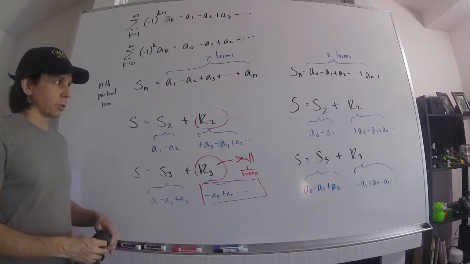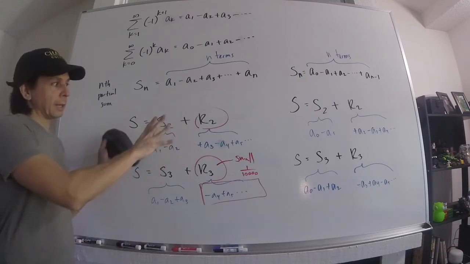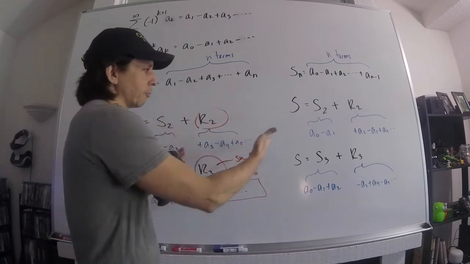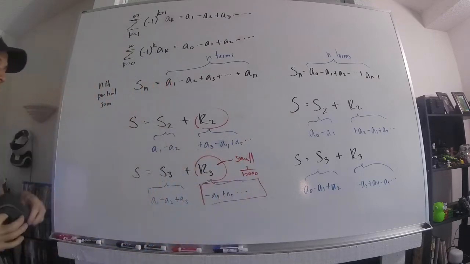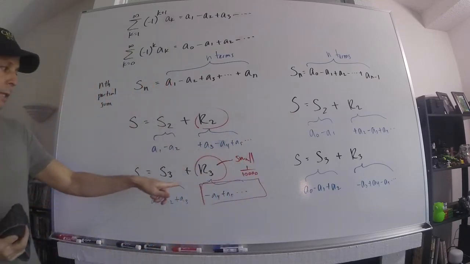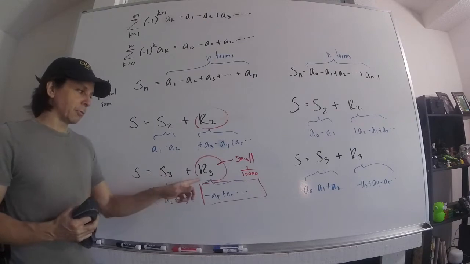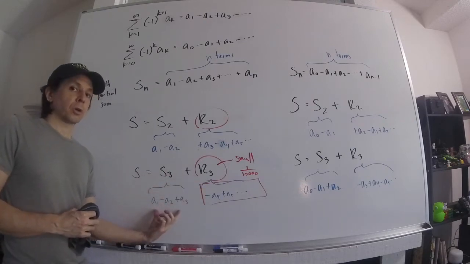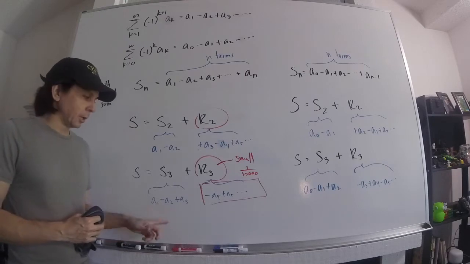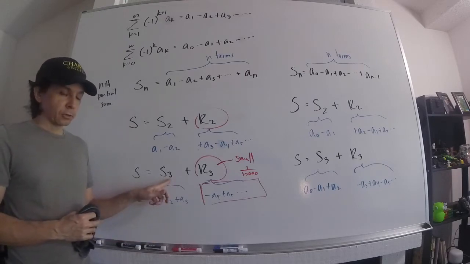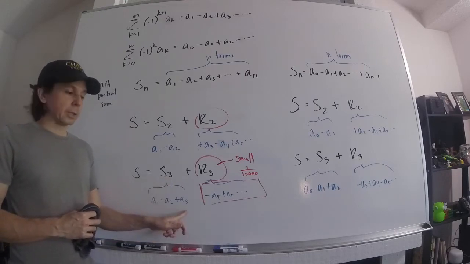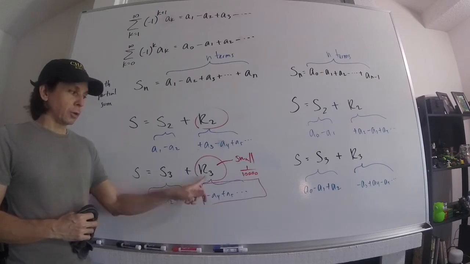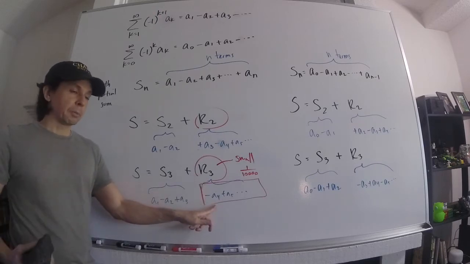The main thing is you understand that slight tweaking of the indexing can really mess you up. But the S with a subscript and the remainder with the same subscript always refer to how many terms are in that partial sum. If you're starting at 1, that subscript is the same as the last term in your approximation, and your remainder starts at the next term up.